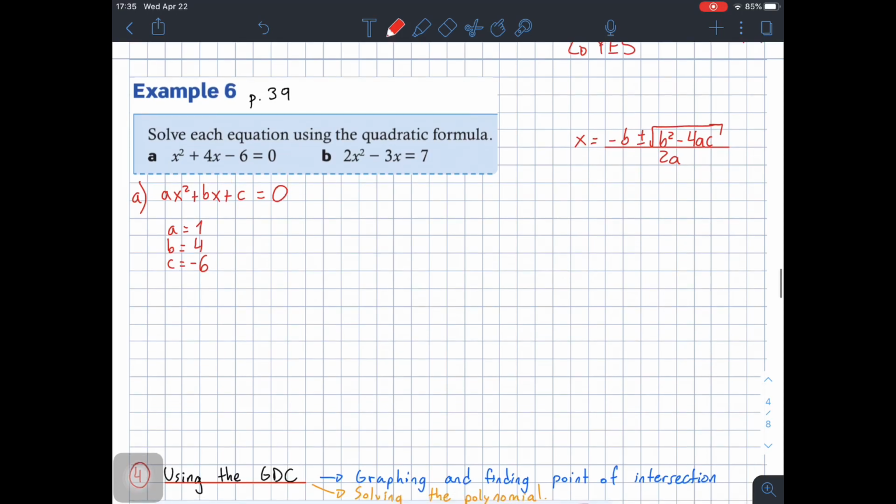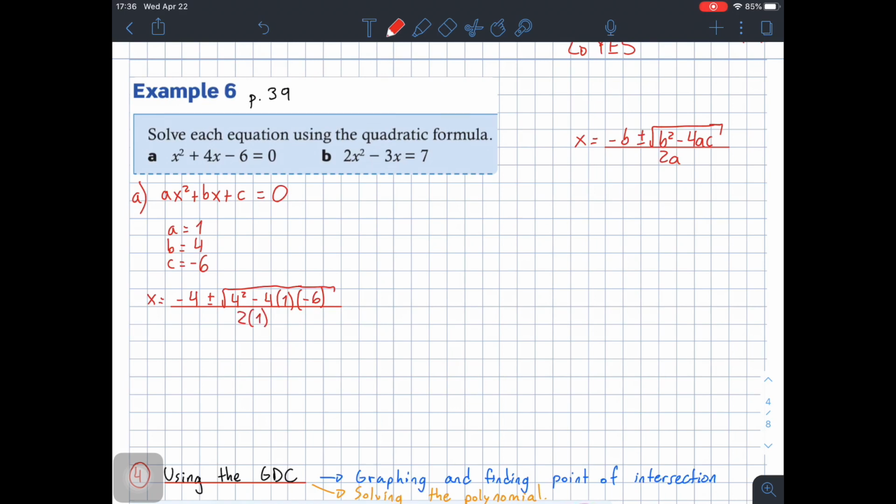Okay, so we apply the quadratic formula and we will get x equals minus b, that's minus 4, plus or minus the square root of 4 squared minus 4, a is 1, c is negative 6, over 2 times 1.